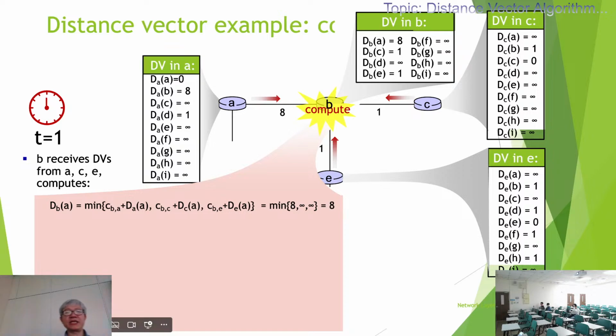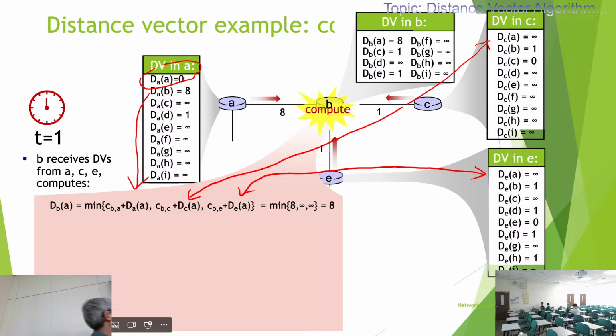Well, for this example, of course, I will give you the detailed information. So at least for the update, we can have the information A to A, well, it's 0. And C to A, here we have infinity. And E to A is infinity.